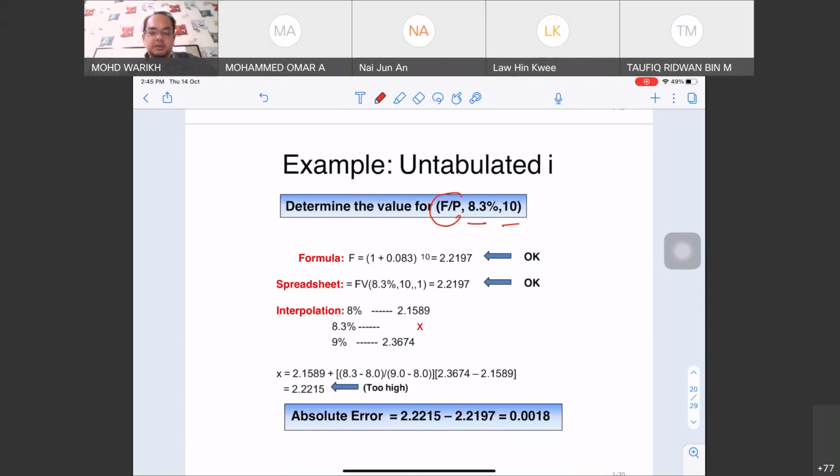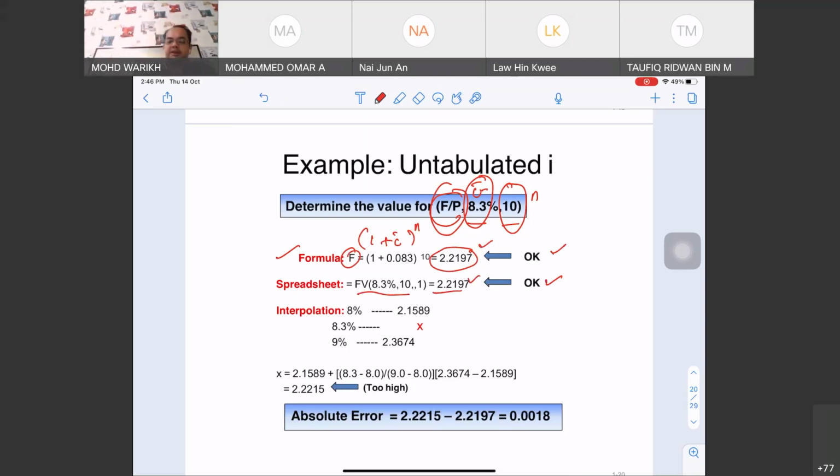From the formula, N is given and we need to find F. So use the formula, 1 plus i to the power of N. You key in the numbers and then you will get this answer, 2.2197.